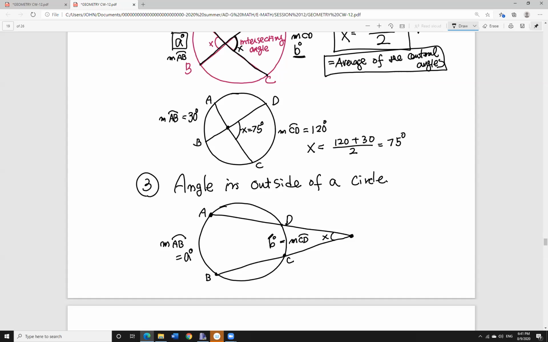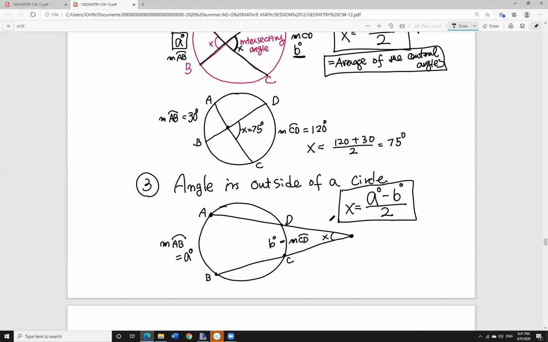It's going to be what? Can you guess? Yes, you can guess. Inside plus, outside is the minus. A degree minus B degree over 2. That is outside intersecting angle. Very simple, right? It's so easy, isn't it? Very interesting. So circle has a lot of interesting properties.